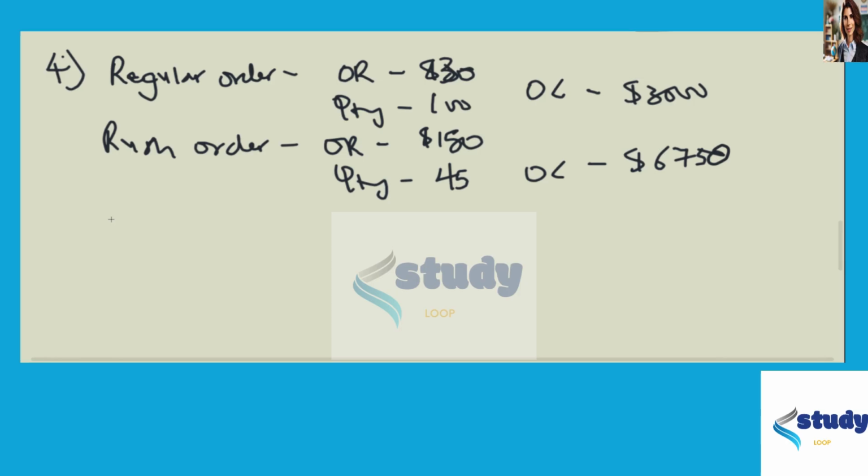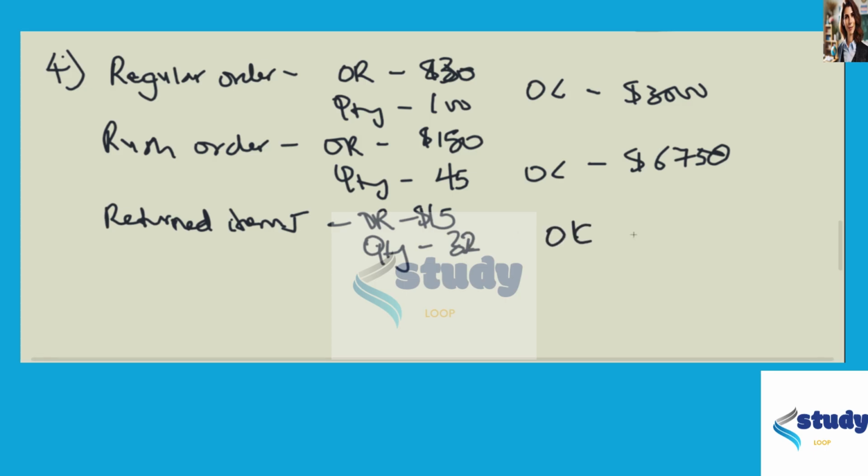Now for the returned items processing, the overhead rate is $15, the quantity is 32, and the overhead cost allocated is 480.